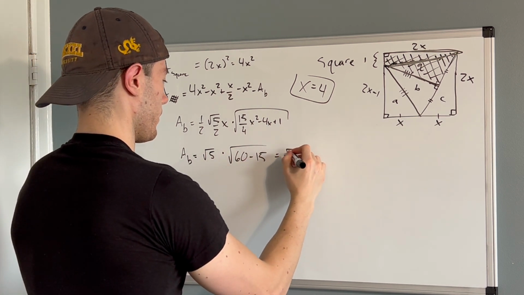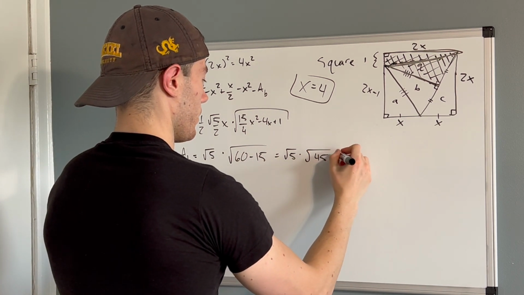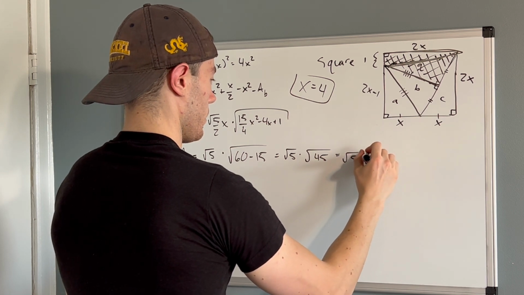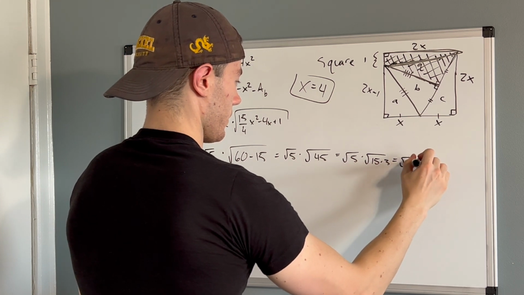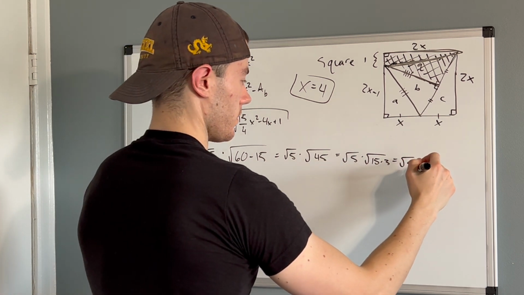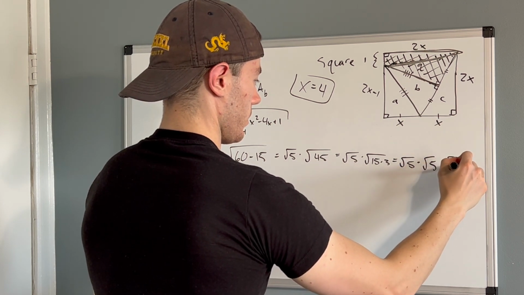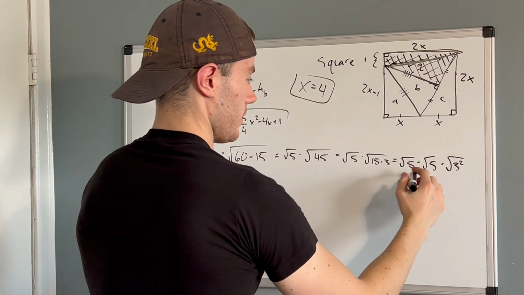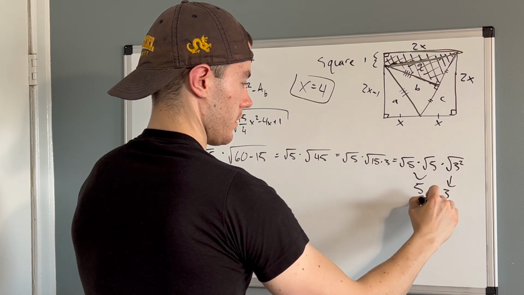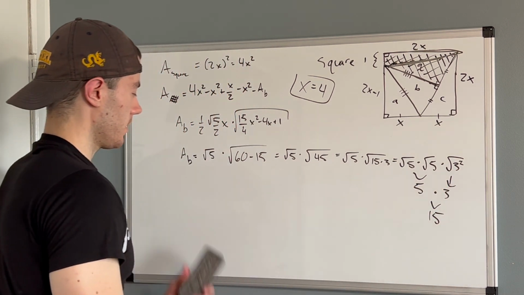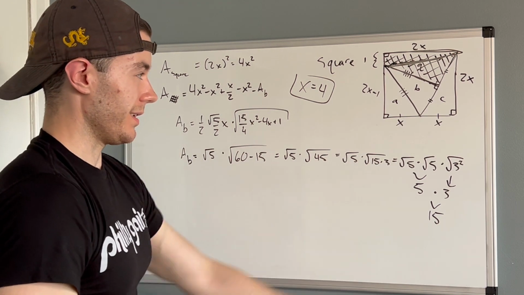This is root 5 times root 60 minus 15, which is 45. But 45 is 15 times 3, and 15 is 5 times 3, so root 5 times 3 times 3. This is 5, this is 3. Together they make 15. The area of B is 15 square units.